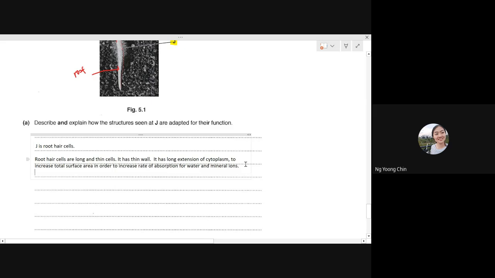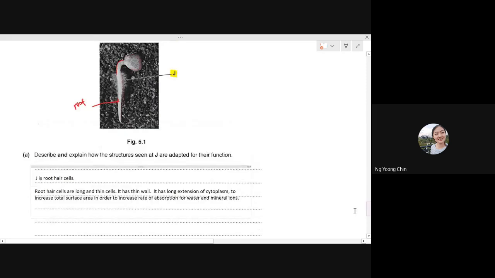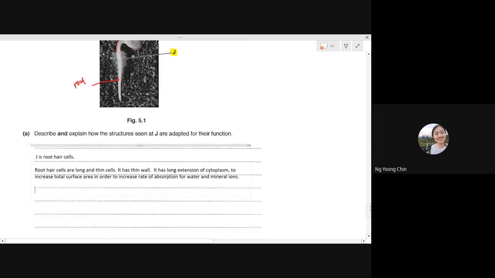And then secondly, you can describe what happens to the root hair cell. So why should they have such a long and thin structure? And then you can describe how they absorb the water and mineral ions.